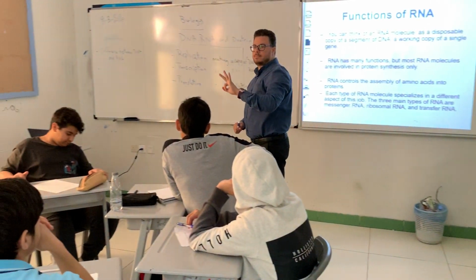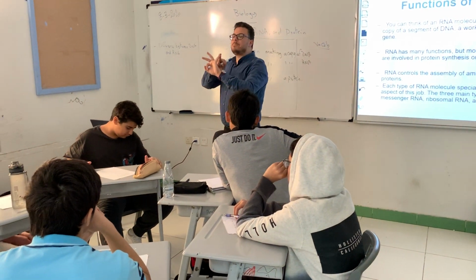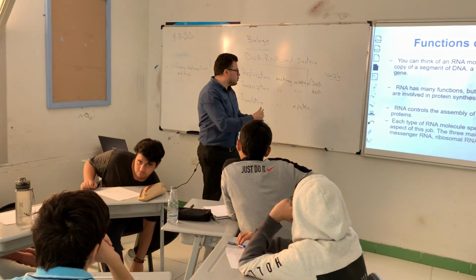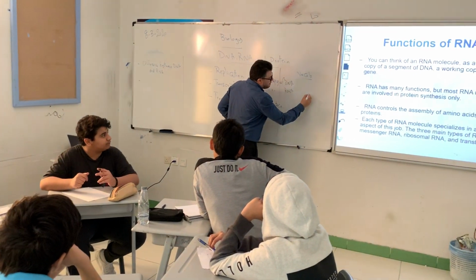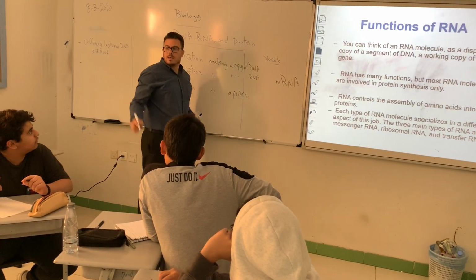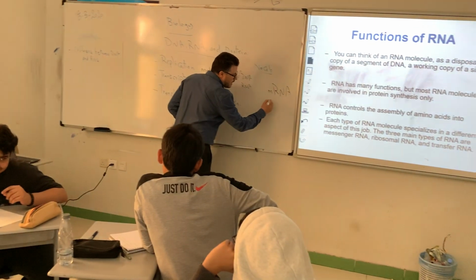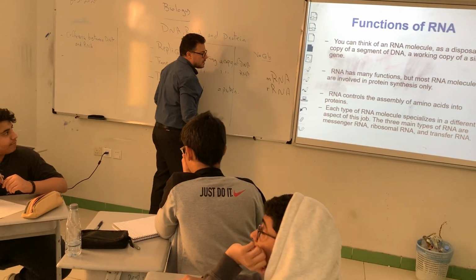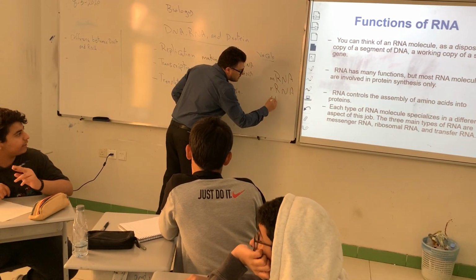Actually, there are three. The first one is messenger RNA. I'm going to write it here: mRNA. The second one is ribosomal RNA. The third is transfer RNA.